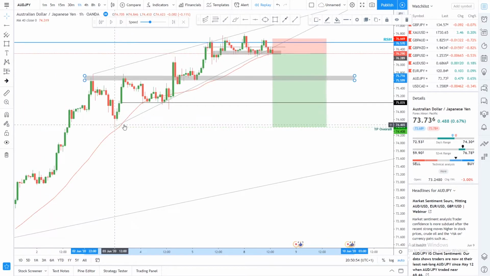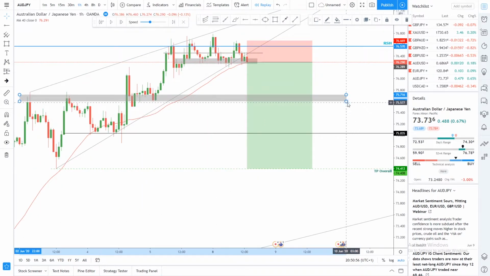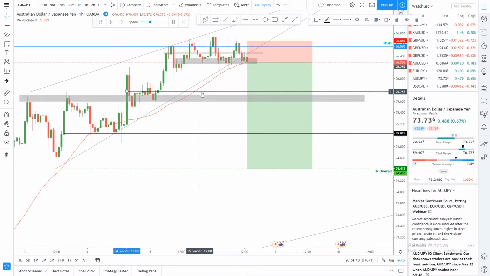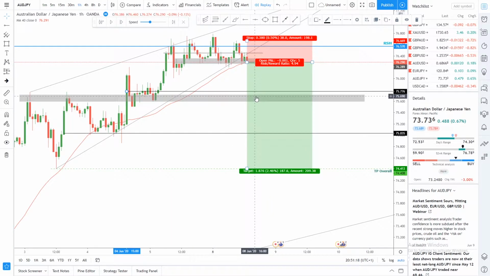So this level interested me quite a lot, so I put just a box there to alert me that that area is more significant, especially compared to this area down here. And I also had a black line just above, and I added an alert there so when price comes down to that area I know to start watching the trade and see how the price reacts at that level.